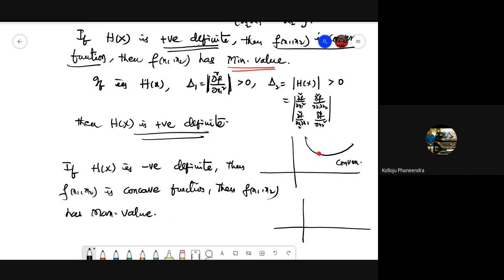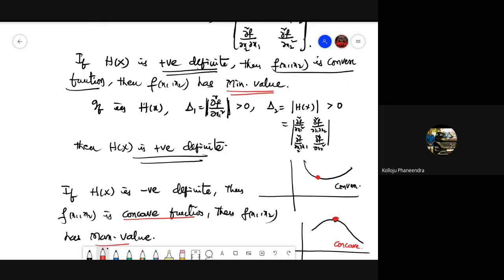What is the shape of the concave function? It will be like this. So this will be the maximum value. This is the shape of the concave function. So whenever a function is concave, it has a maximum value. Whenever a function is convex, then it has a minimum value.